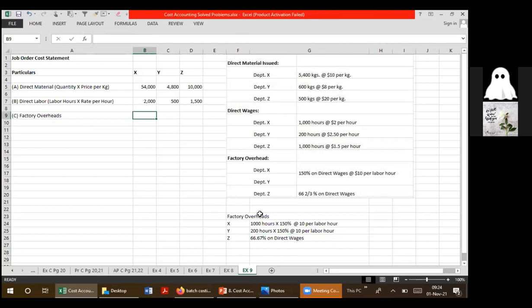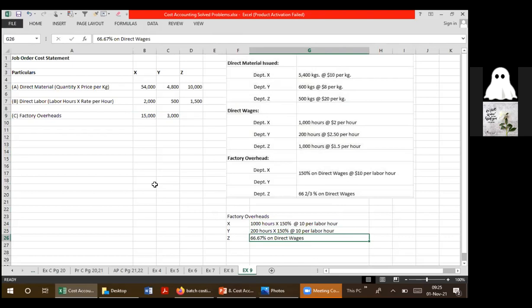So factory overhead would be 1,000 hours times 150%, which is 1,500 hours at 10 per labor hour. So 1,500 times 10 would be 15,000. For Y, 200 at 150% becomes 300, multiplied by 10 per hour, so that will be 3,000.